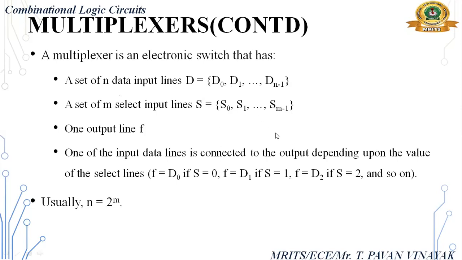You have to write the binary representation. F is equal to D2 if S is equal to 2, and so on, up to F equal to Dn minus 1. Like that we calculate the multiplexer output.